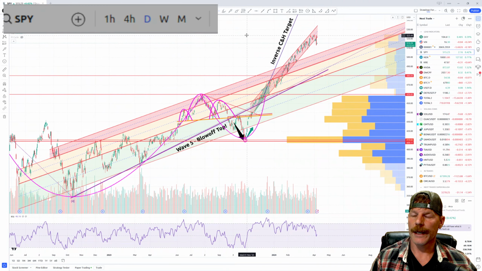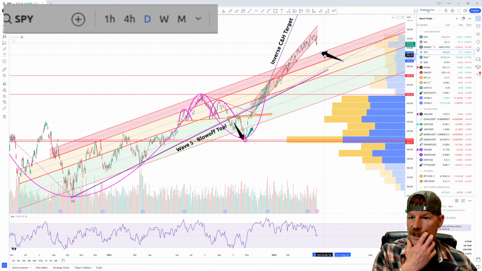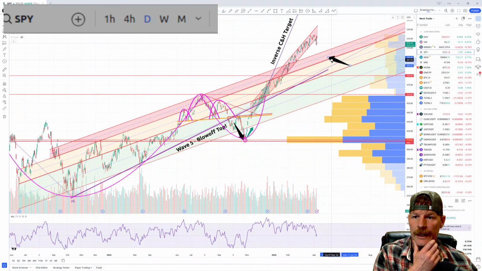Now, what am I expecting us to do here on the SPY? All right, I'm going to get out an arrow here. Here's where we're at today. We have broken the bottom side of this channel. I expect us to at least come down to the top of this red channel. Potentially, we could go inside of this red channel and just continue to come down till we hit the bottom side of that red channel.